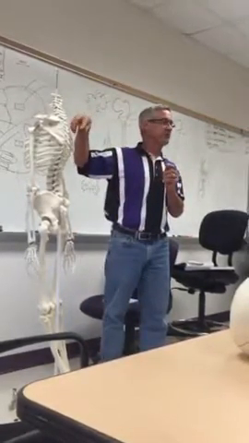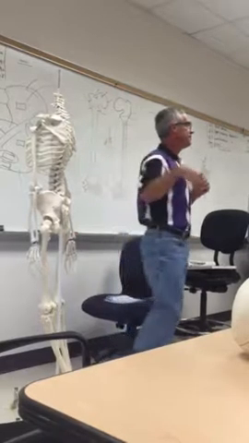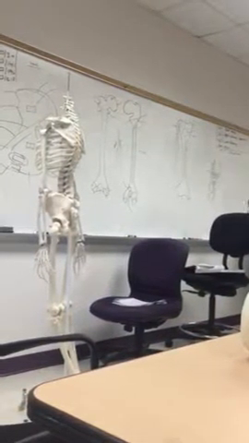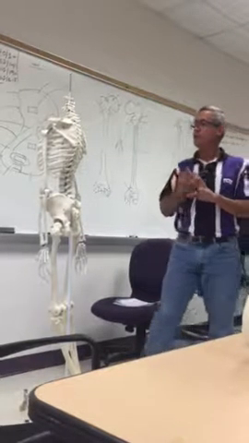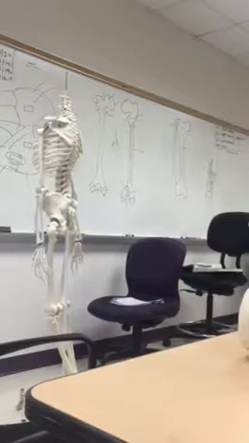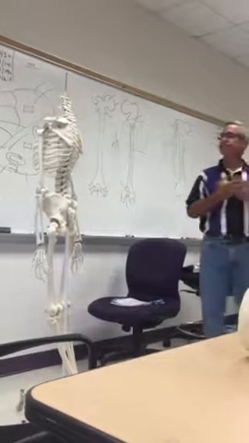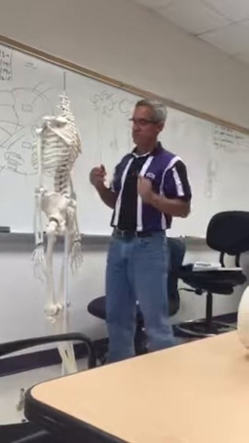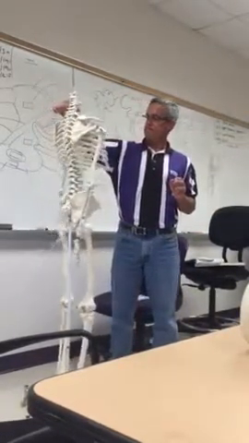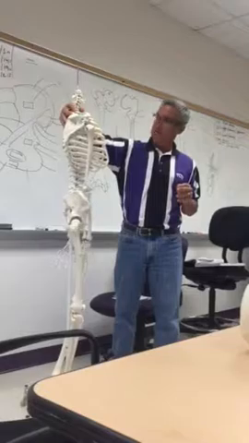Okay, that two-point connection, posterior. What was the second one? Second one would be the tubercle of the rib articulating with the transverse costal facet of the thoracic vertebrae. That's the rib connections.